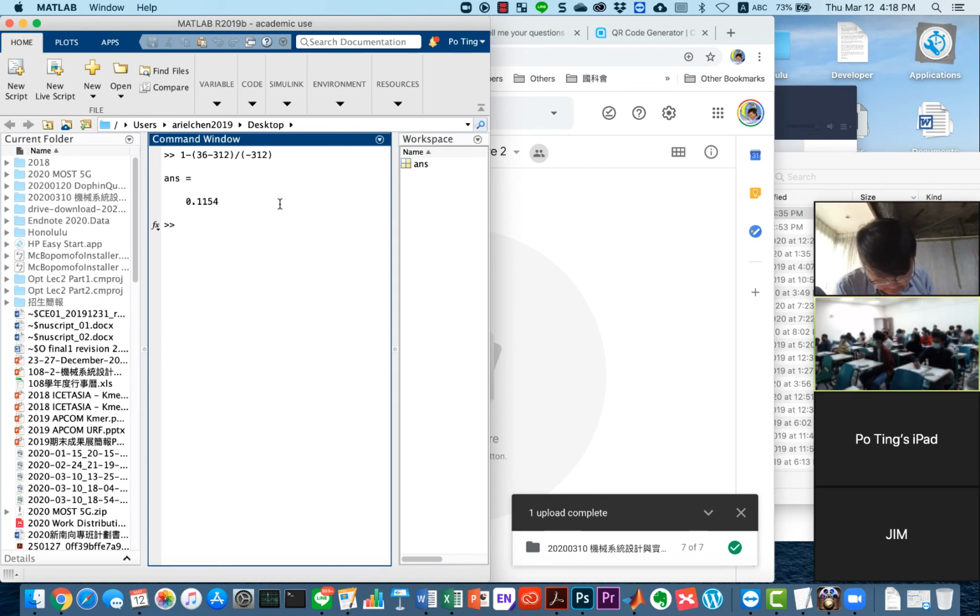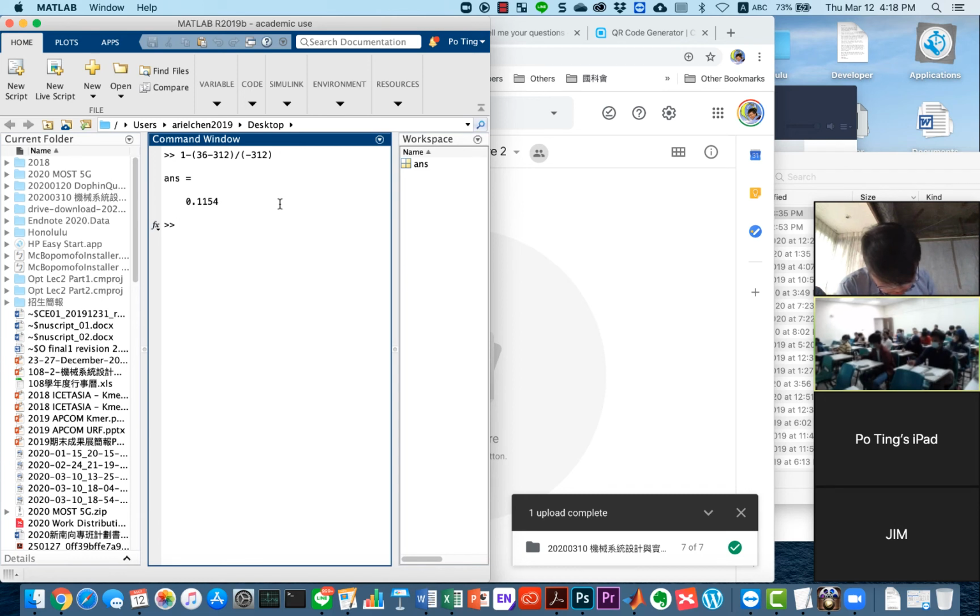Alpha is not a vector, just a value. Okay, continue in my second iteration. So this will be my first iteration, and here's my second iteration. Okay, let me continue.